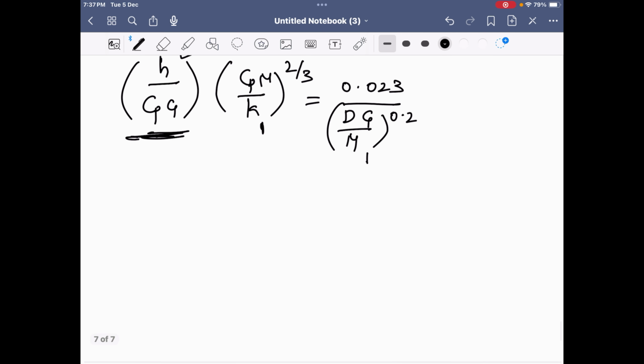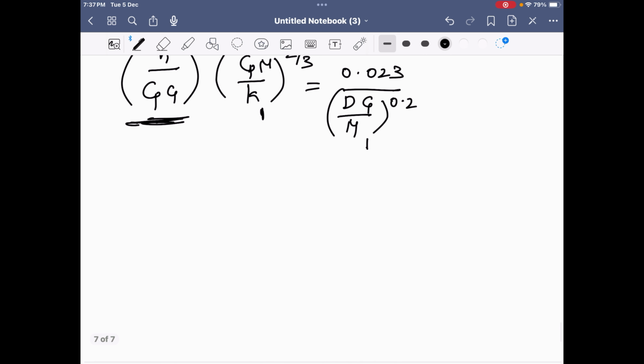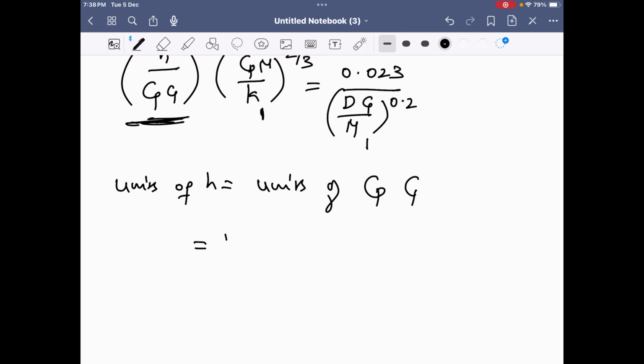So we can just rearrange to get the units of H. So let us have the units of Cp and G, that is units of H is equal to units of Cp into G. So what is the unit of Cp? That is BTU per LB degree Fahrenheit multiplied by LB per hour feet square.